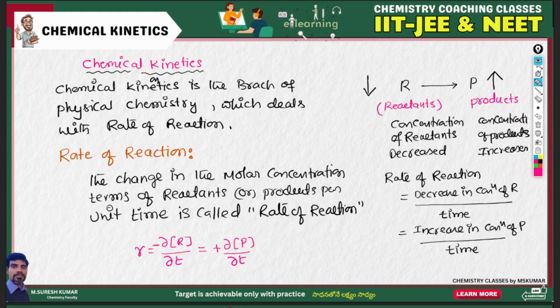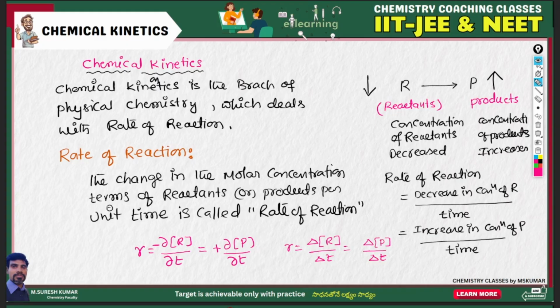You can express the rate of reaction simply as R equals minus ∂R by ∂t equals plus ∂P by ∂t. Even this you may express as R equals the change in concentration ΔR by Δt equals ΔP by Δt.